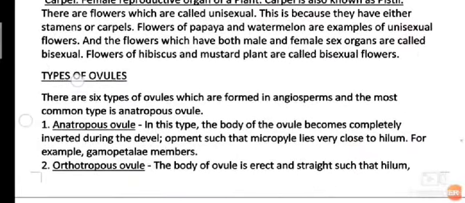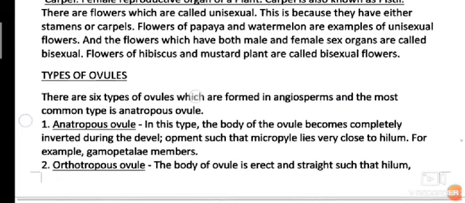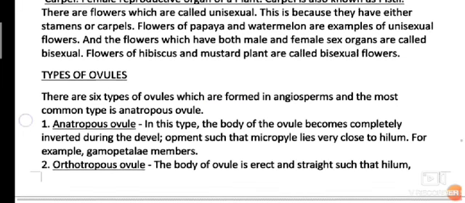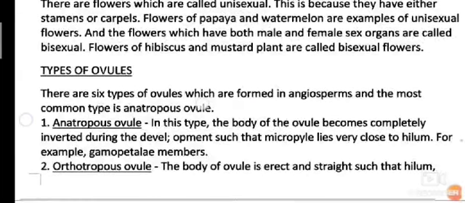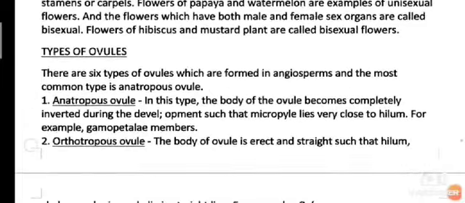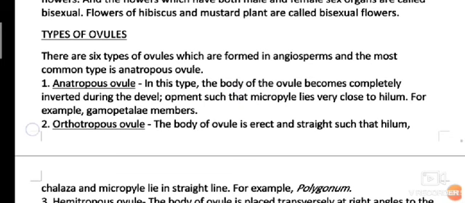Types of ovules. There are six types of ovules which are formed in angiosperms, and the most common type is the anatropous ovule. Anatropous ovule. In this type, the body of the ovule becomes completely inverted during development, such that the micropyle lies very close to the hilum.